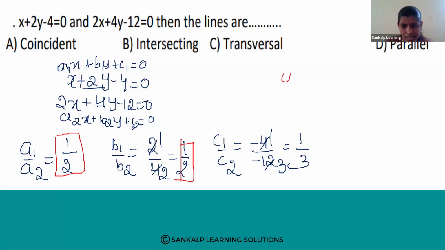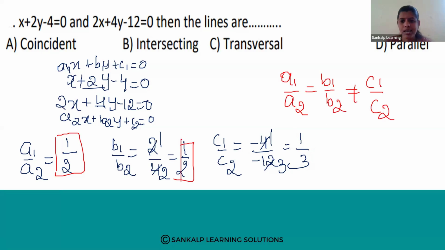That means we got the result a1 divided by a2 is equal to b1 divided by b2, but it is not equal to c1 divided by c2, because c1 divided by c2 is 1 divided by 3. So if you get this result, which type of lines, which type of graph will you get? So the lines are parallel, right? So the lines are parallel.